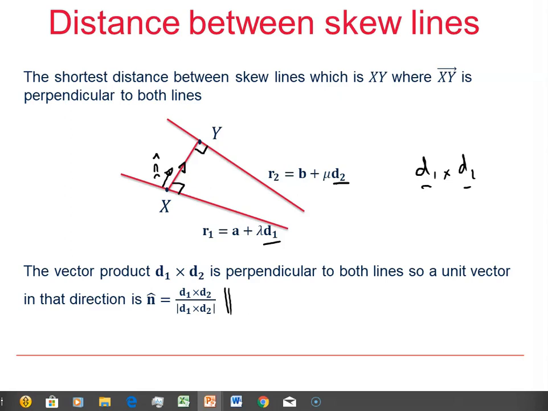Now all we need to do to find the length of XY is to find a line which we know, which joins P and Q, and project it onto the direction n hat. In other words, we need to find PQ dot n hat, where PQ is a line that we know joining the two lines r1 and r2.